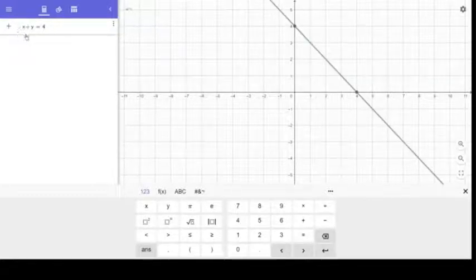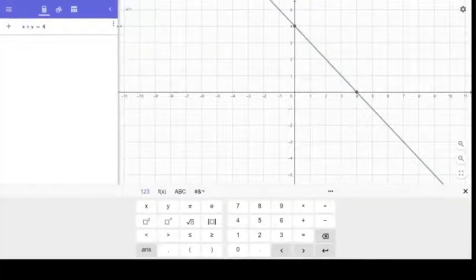You can see it over here. If I take x plus y equal to 4, you get a straight line. Can you see? The degree of x is 1, the degree of y is also 1. So x plus y equal to 4 is a linear equation because the degree is 1. It is a linear equation in two variables, x and y.